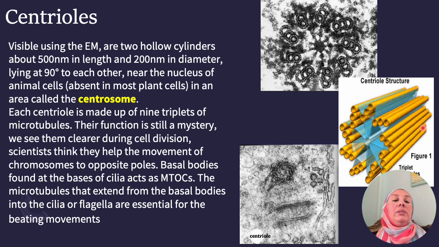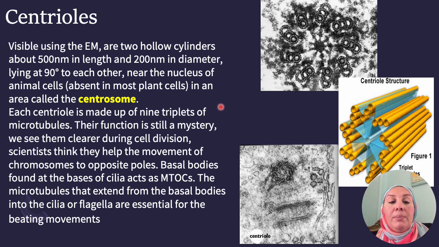This is called the centriole, and we still have no full understanding of what centrioles do, but we find them, as we said, lying in pairs, at 90 degrees to one another, near the nucleus of, again, animal cells. It's not found in plant cells, in an area that we're going to call a centrosome.